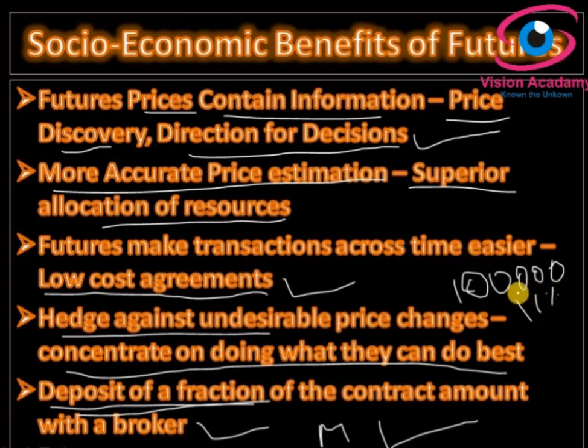For example, 11% is prescribed in NSE, which means only 11,000. But you bought a value of 1 lakh rupees. You invest only 11,000, and the gain is the same. So this is how the futures contract works.